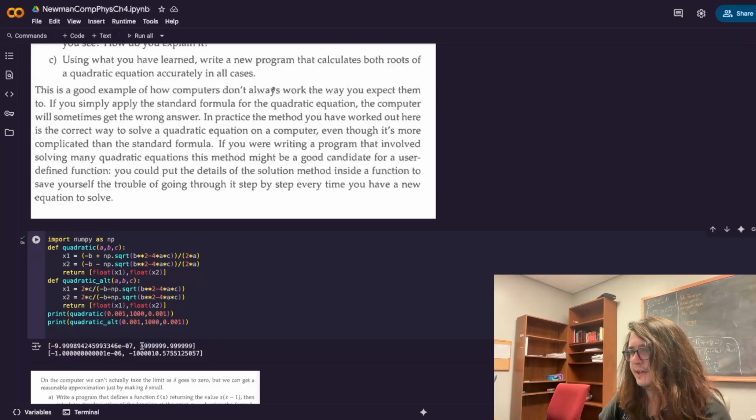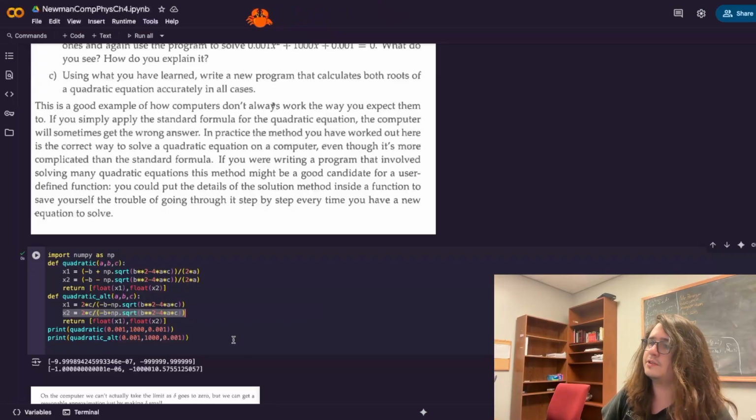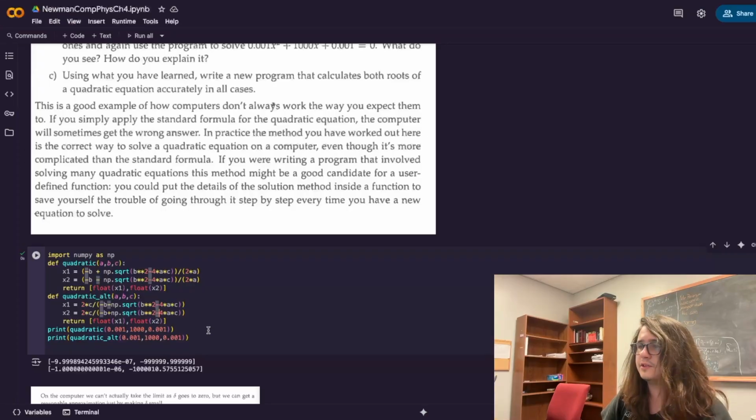And again, I said this was about 10 to the 7, and this is sort of that as well, right? The only thing is now x2 is going to be closer to the real result because, again, it involves less subtracting. It has a plus on the bottom instead of a minus. The minus is still in the square root, but we can't really get rid of that.